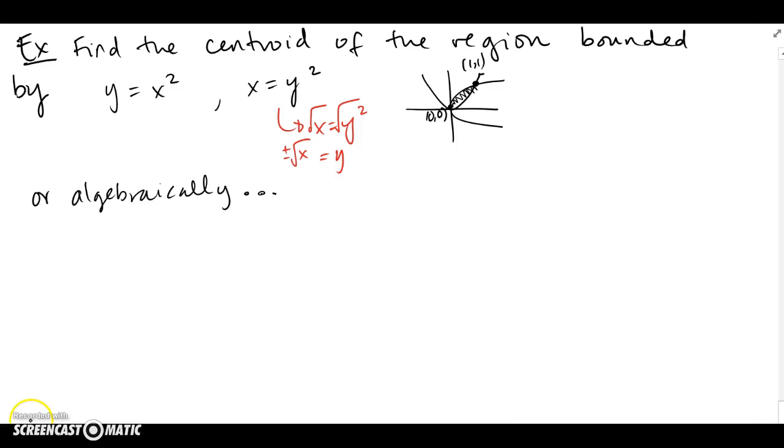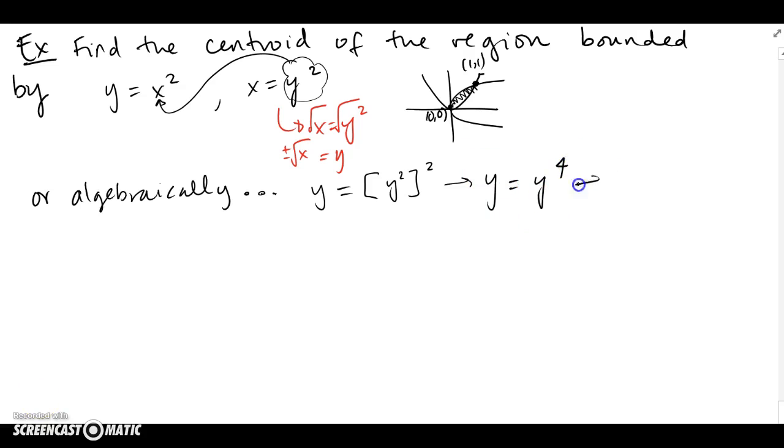Or if you wanted to do this algebraically, you could just use a substitution and say x is equal to y squared. Let me plug it in here. So y equals x was y squared squared. So that's going to give us y equals y to the 4th.